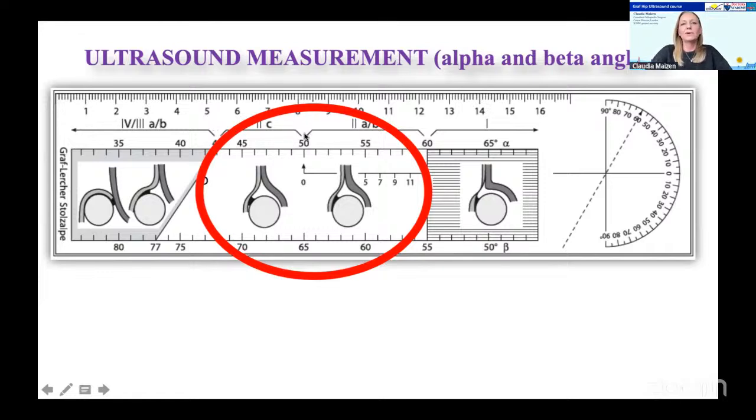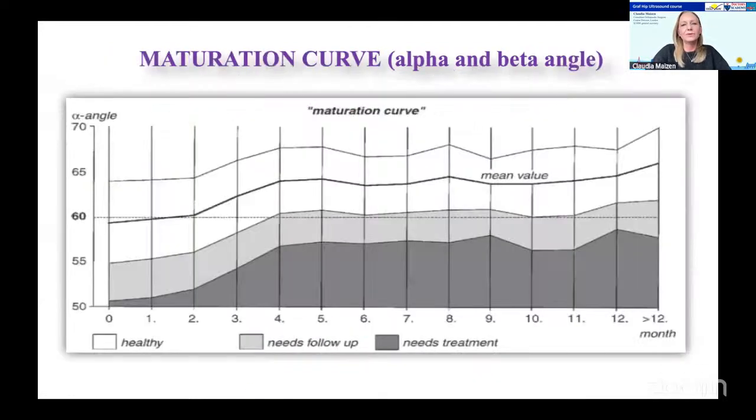And you can say, well, actually they are not a type 1 yet, they don't have an alpha angle of 60 yet, but they're in an area that according to age they are still normal, they're just immature and only have to be followed up and not treated. No gray zones. We've talked about the maturation curve, so we also know how the alpha angle develops depending on age, which helps us with our treatment decisions.